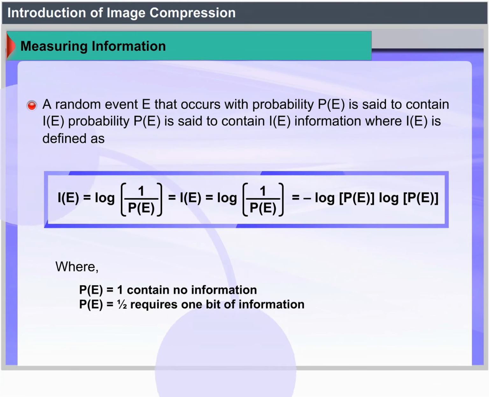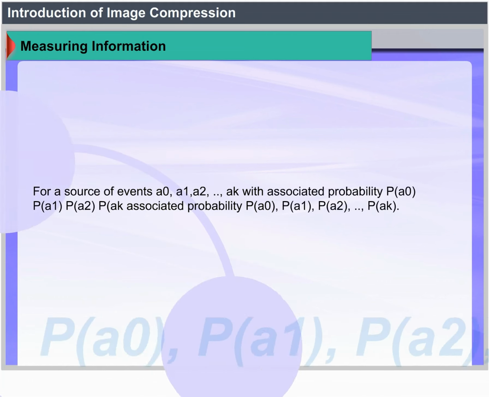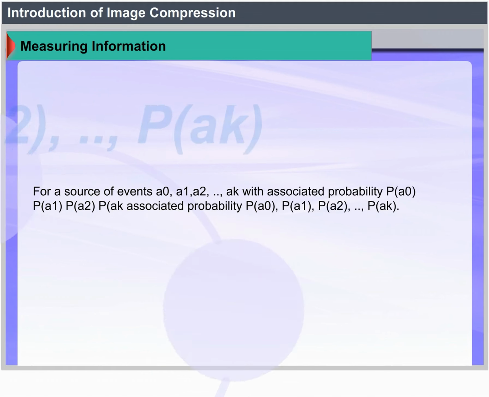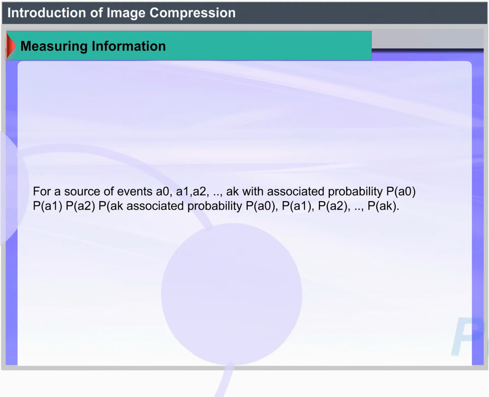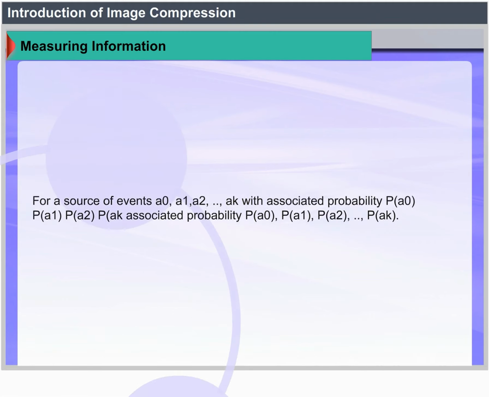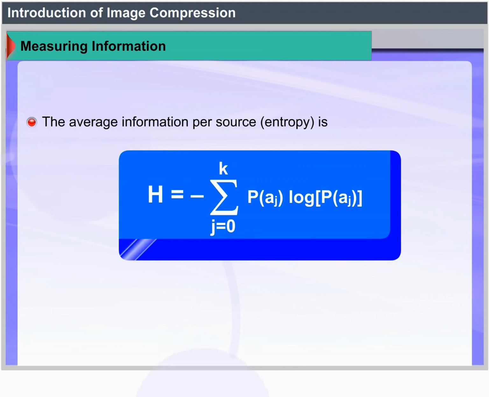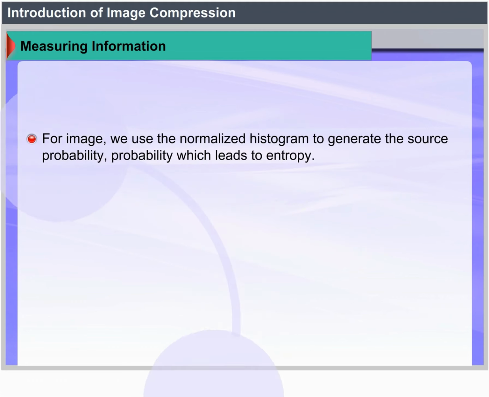For a source of events A0, A1, A2 up to AK with associated probabilities P(A0), P(A1), P(A2) up to P(AK), the average information per source, the entropy, is as shown on the screen. For an image, we use a normalized histogram to generate the source probabilities, which leads to the entropy as shown.